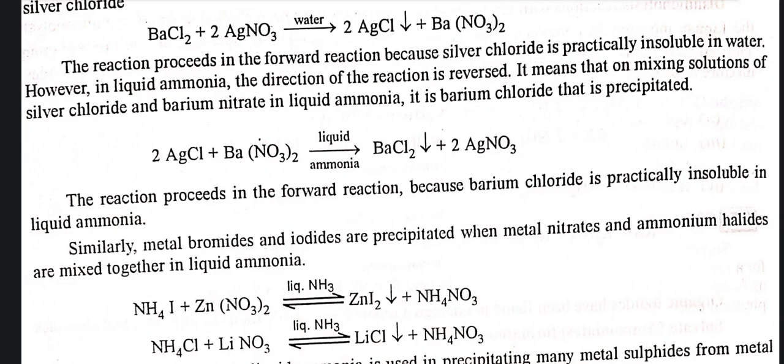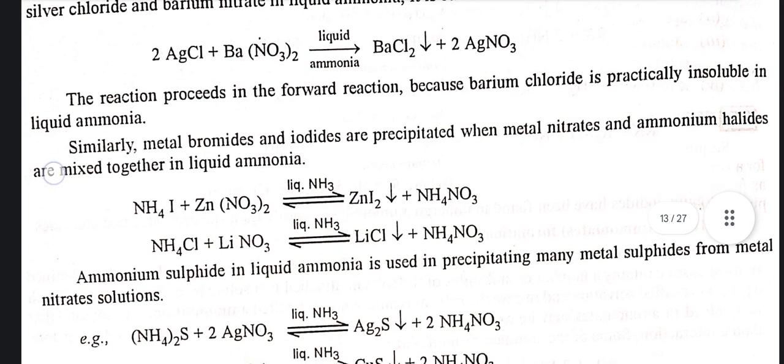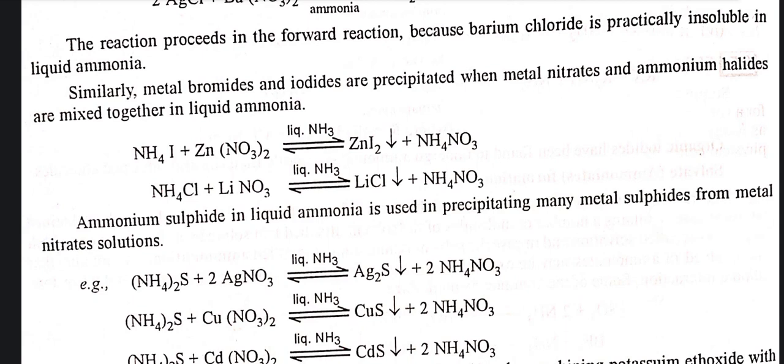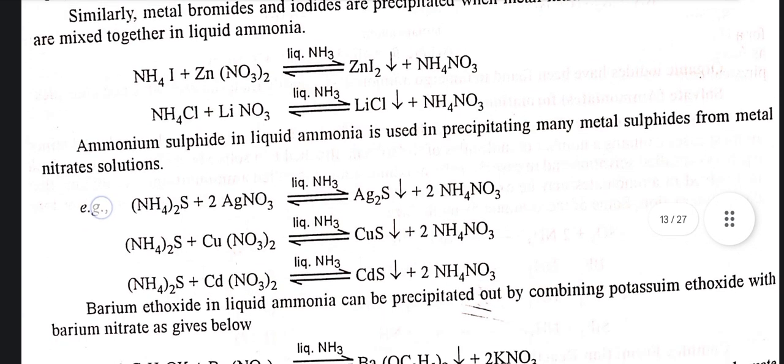Similarly, metal bromides and iodides are precipitated when metal nitrates and ammonium halides are mixed together in liquid ammonia. Ammonium sulfide in liquid ammonia is used in precipitating many metal sulfides from metal nitrate solutions.